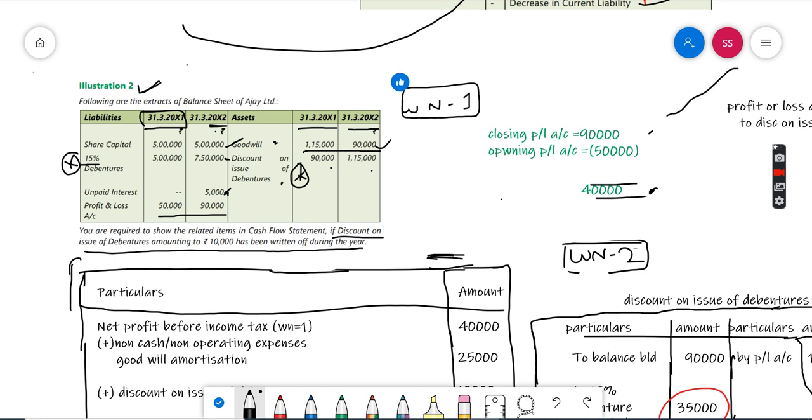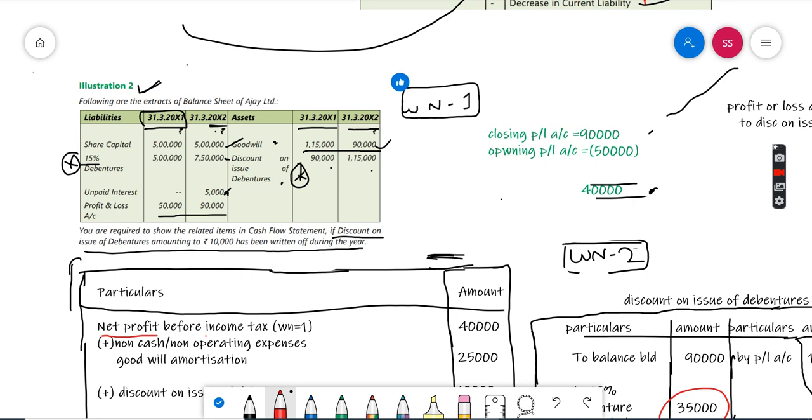In the last class we discussed that we have to start the question with the net profit before income tax. The question doesn't give anything about income tax, so you don't need to worry about the tax part, but we need net profit. First we start with net profit, so we'll see the P&L account.